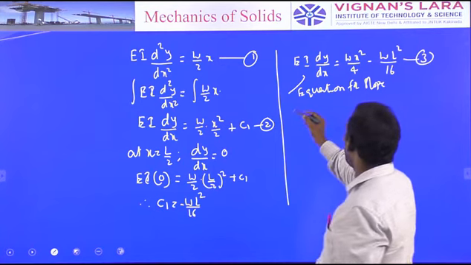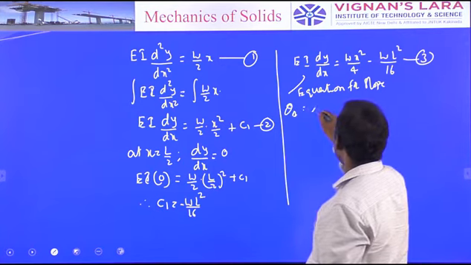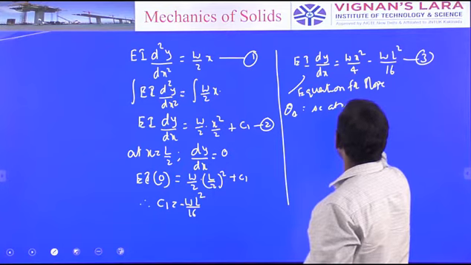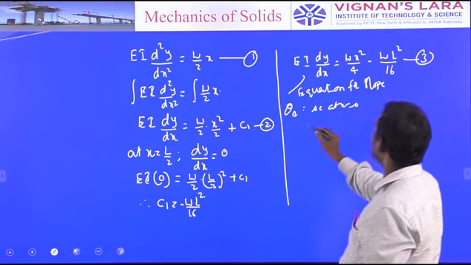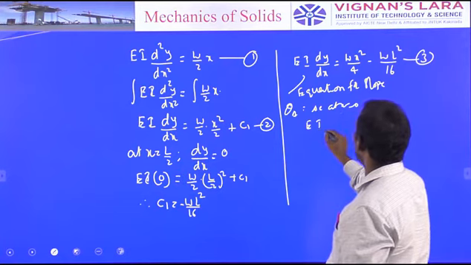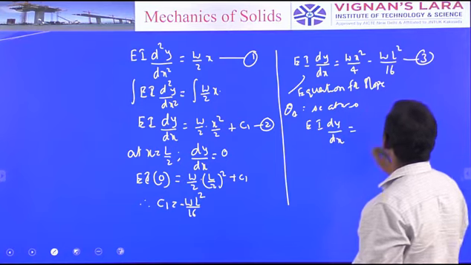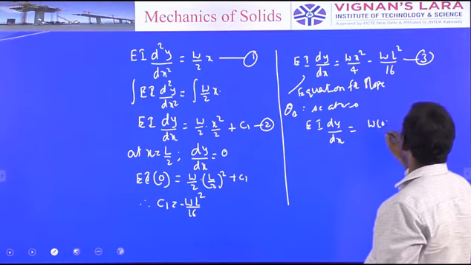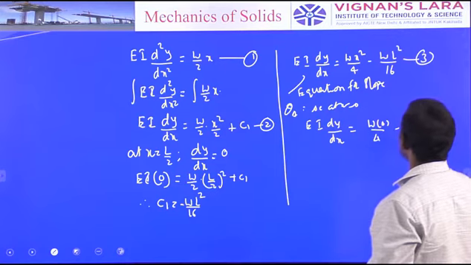So for example, what about the slope at A? That means at x is equal to 0. It means substitute x is equal to 0 in equation number 3. So EI into dy by dx is equal to, this term becomes 0 minus wL square by 16.